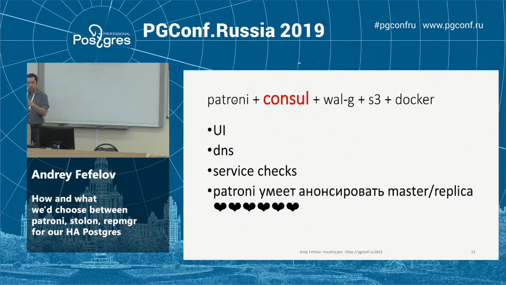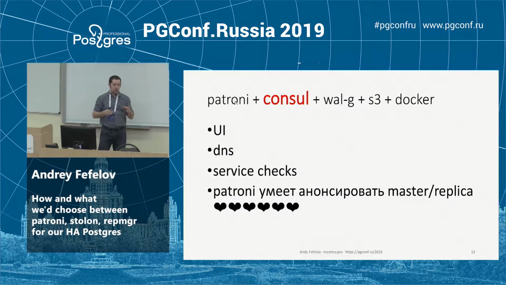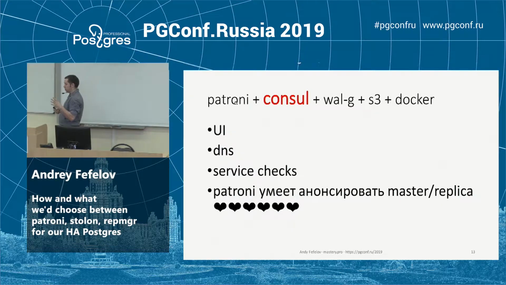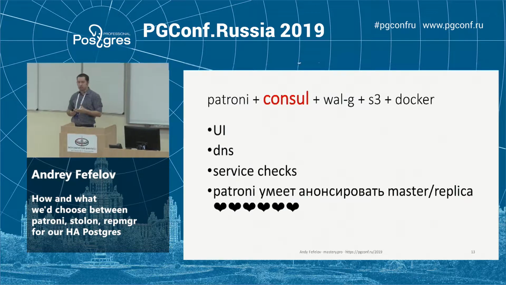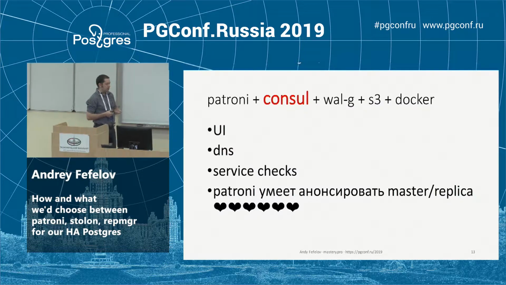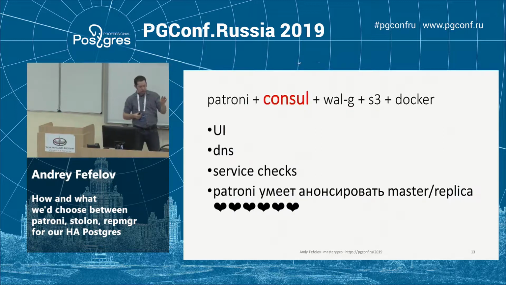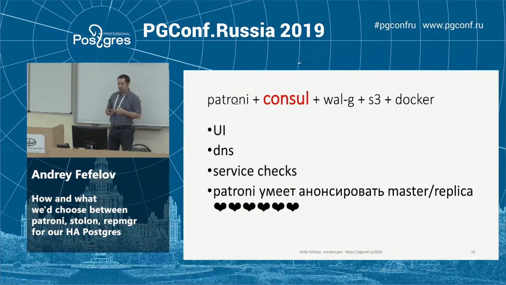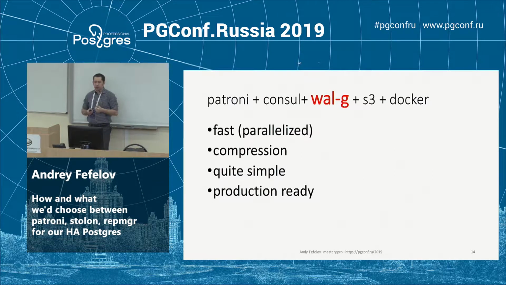Through DNS requests, master.patroni-cluster.service.consul, and during the switching it updates the services in Consul. You can use a very simple setup where your application uses only DNS names. It doesn't use any other IP addresses of the cluster, and this was very helpful, and this is why we decided to use this solution.